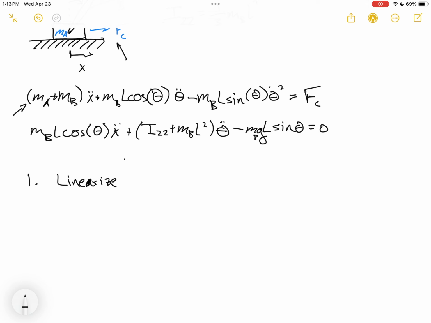So we're going to linearize to make our analysis simpler so that we can use some of the tools that we've been learning about. And once we've linearized it, we will be left with a linear set of coupled differential equations. So we'll express the set of equations in matrix form.